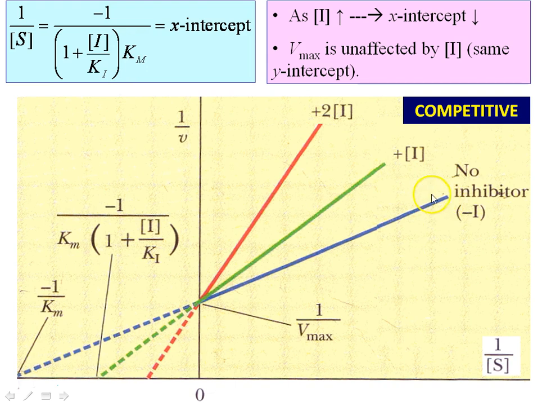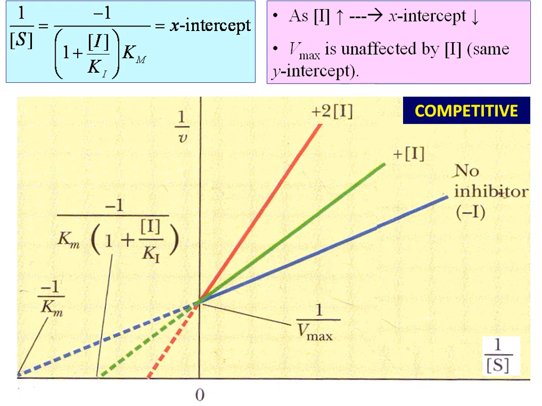So the more the inhibitor concentration increases, the closer the intercept comes to the 0 point. That's a characteristic of a competitive inhibitor, and notice that the Vmax is unchanged. 1 over Vmax is not changed, and therefore, this is a typical curve that characterizes or diagnoses a case of a competitive inhibitor.